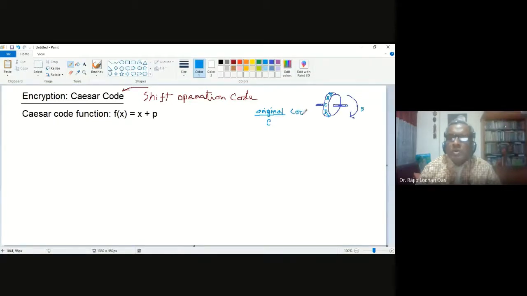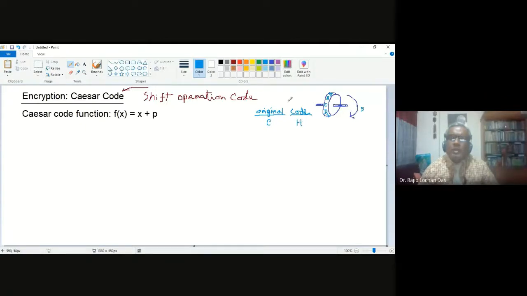So for C, 5 positions ahead means C, D, E, F, G, H. So it will be H.